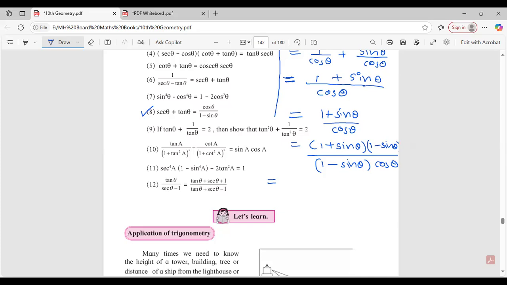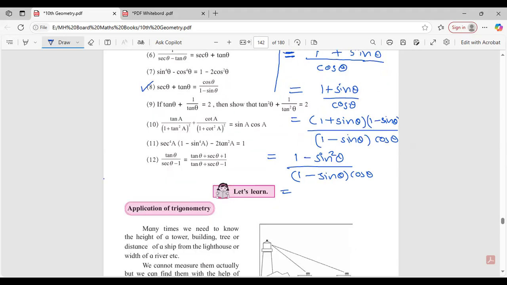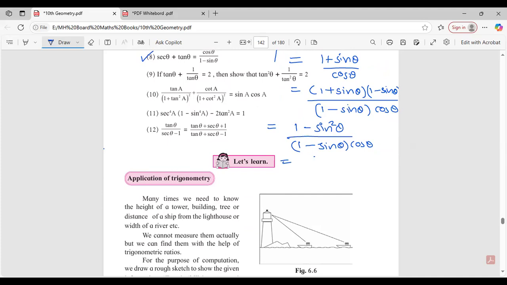So we'll get 1 square minus sin square theta divided by cos theta into bracket 1 minus sin theta. And then the numerator 1 minus sin square theta is cos square theta, divided by 1 minus sin theta into cos theta.